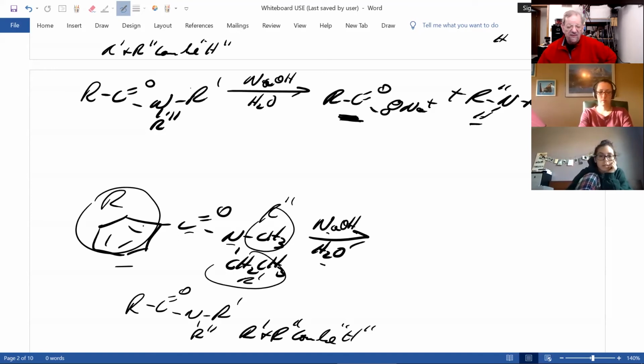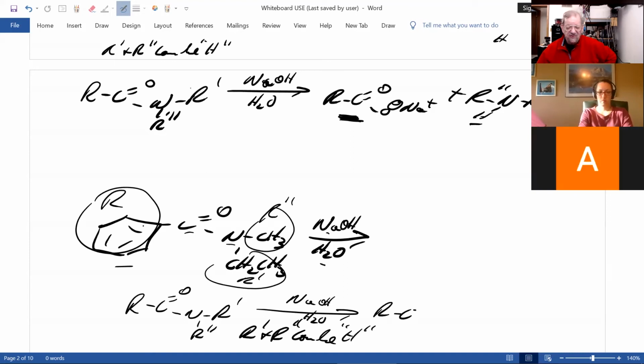And remember, when you react this with base and water, you get back the carboxylate anion of the carboxylic acid you would have used to make that amide, plus the amine you would have used to make that amide.